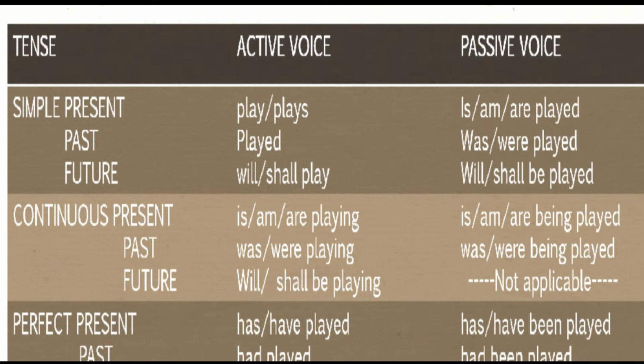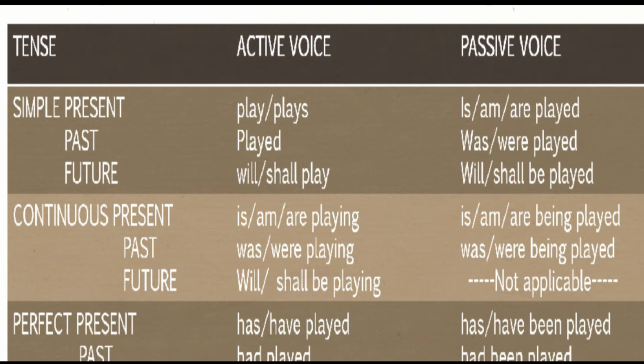It's also known as the third form of the main verb. Here it's played, in case of the verb that we have selected for this table, which is play. So its third form, its past participle, is played. So we'll use is, am, are plus played in the present simple tense and in the affirmative sentences.